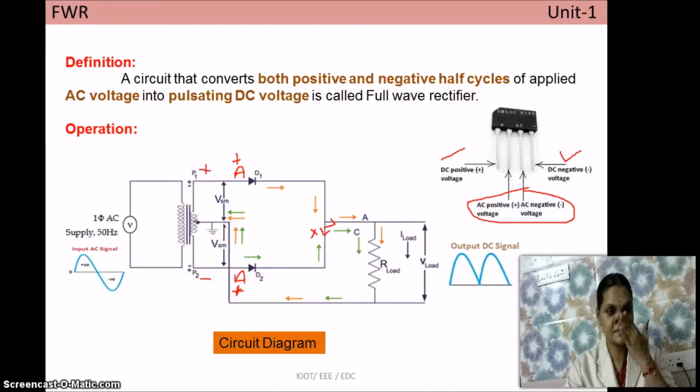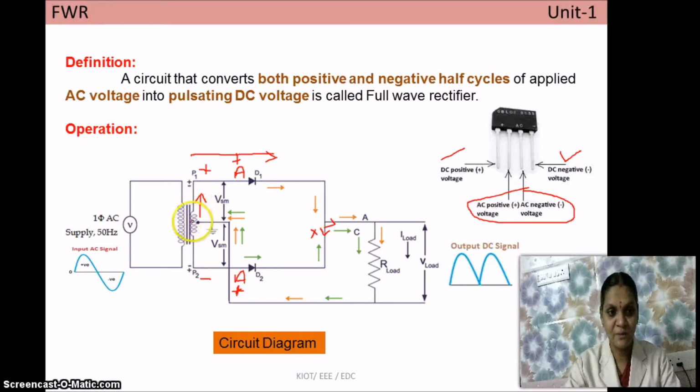So when you consider here, in the upper half of the transformer secondary, some amount of DC current is flowing. This is because the current takes the direction from left to right. So after passing through the diode, the current is said to be a pulsating DC current. That current is flowing through the resistance RL, and the same current is flowing through the center tap terminal, and that current is taking the upper part of the transformer secondary.